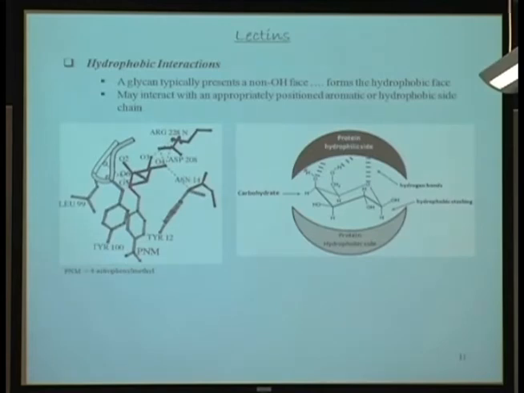But the specificity remains the same. It turns out that the bottom part of this glycan is oriented in such a manner that it forms hydrophobic interactions with tyrosine 12, the aromatic ring. So even hydrophobic groups may be involved.